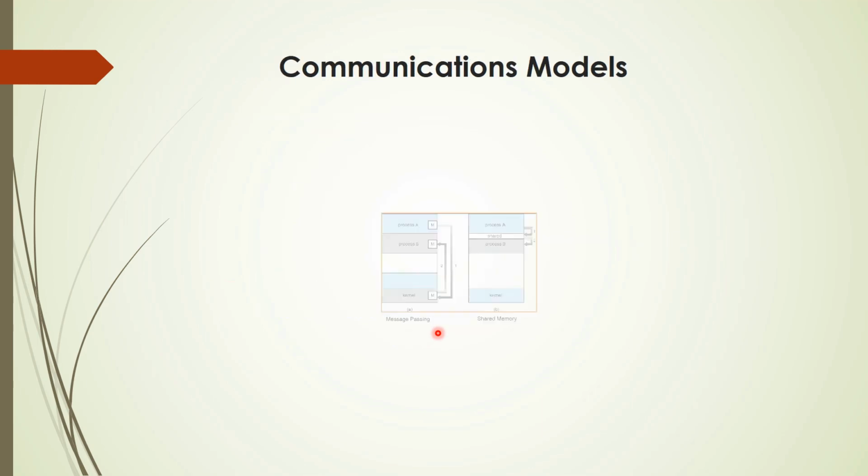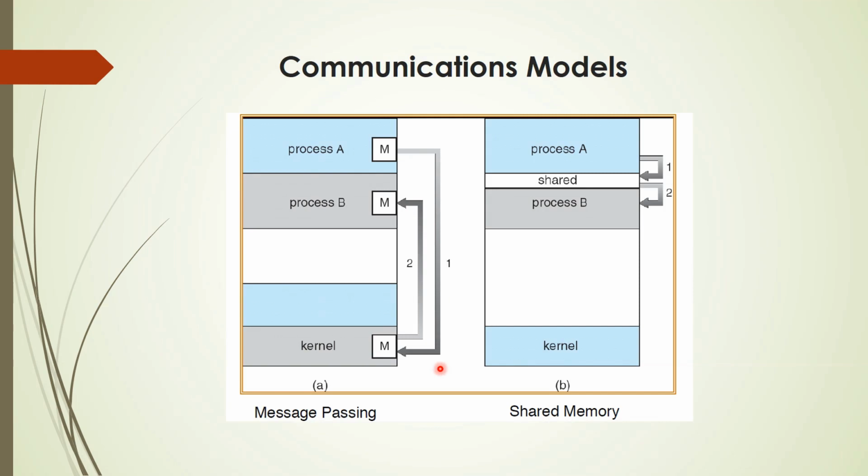If we look at this particular diagram, we see that the kernel, process A and process B are all in the memory. Similarly, in the case of shared memory, kernel, process A and process B are also in memory. In a message passing system, process A and process B communicate with the help of send and receive system calls, which are available with the kernel.